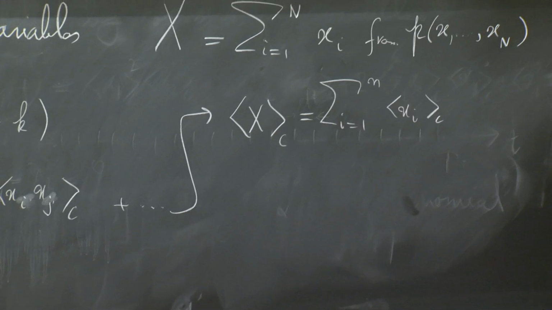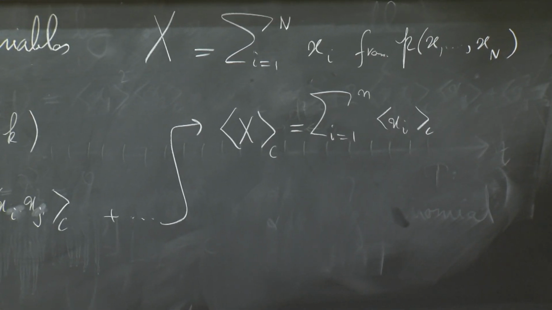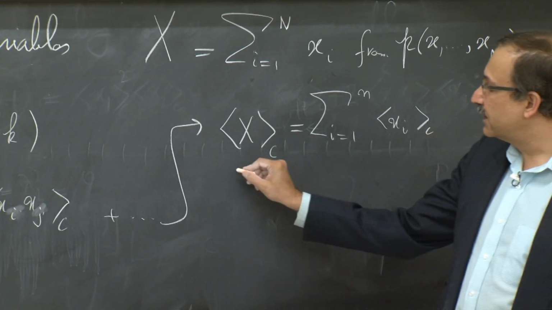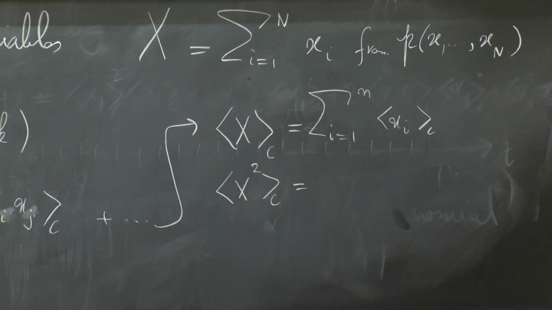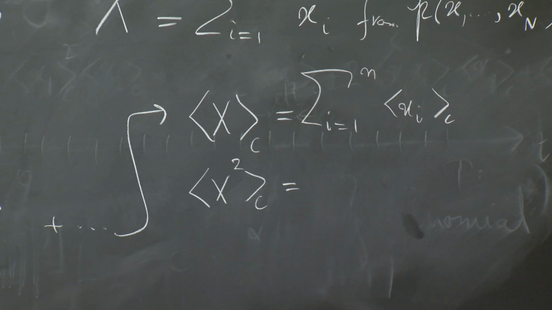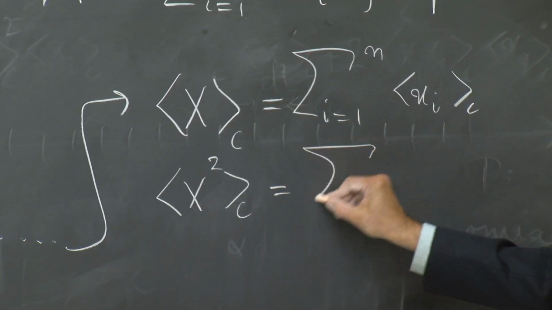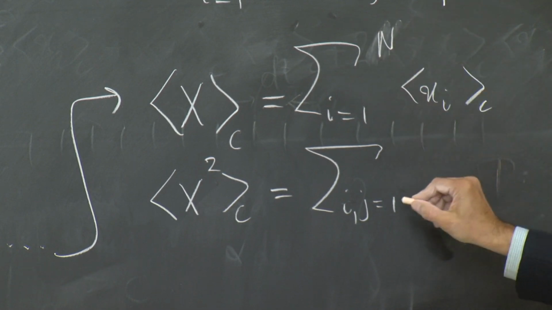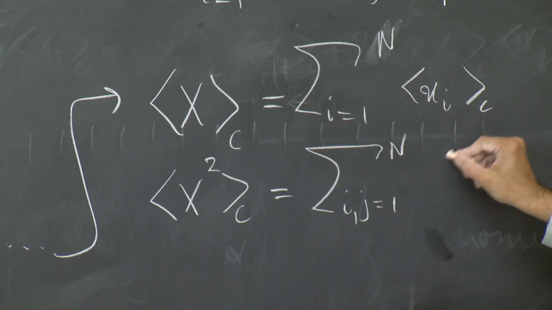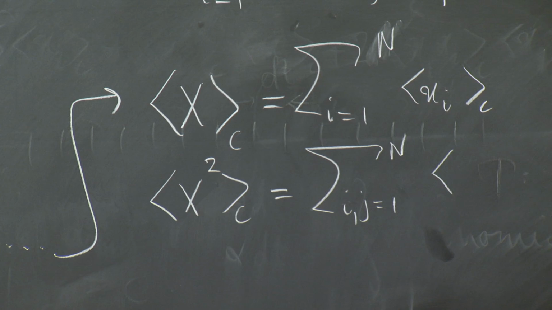The second statement is that the variance of the sum really involves a pair, i and j, running from 1 to n. So if these variables were independent, you would just be adding the variances.